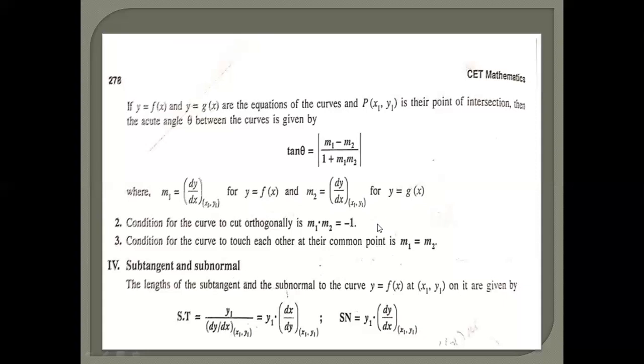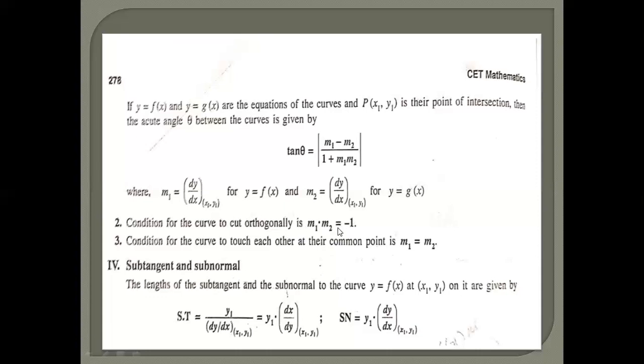And we have the conditions for orthogonal curves and also for curves touching each other. The condition for the curves to cut orthogonally is m1 m2 = -1. Suppose you get two slopes and you find the product of the two slopes; if you are getting -1, it means those curves cut orthogonally.